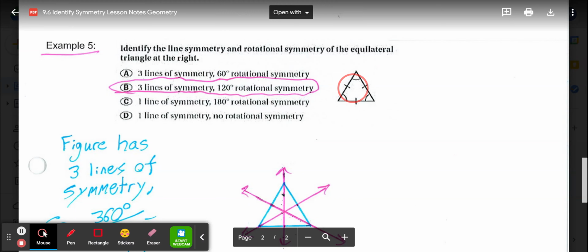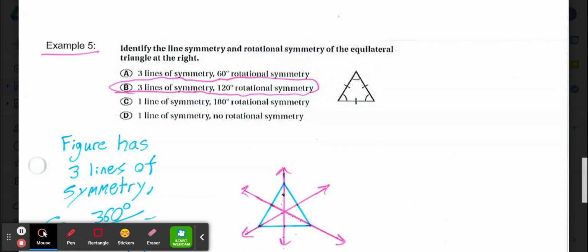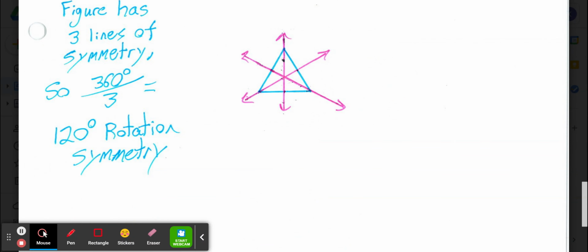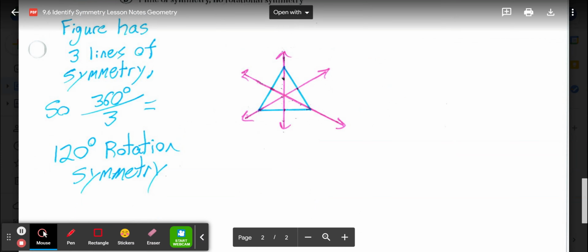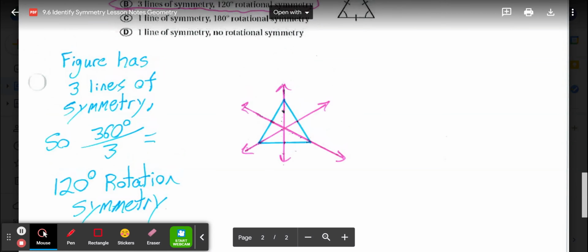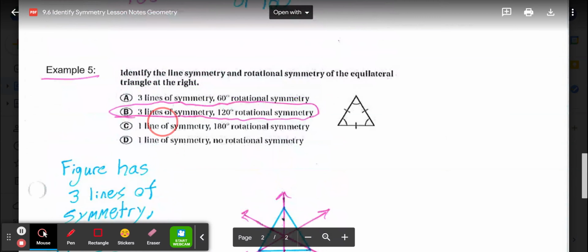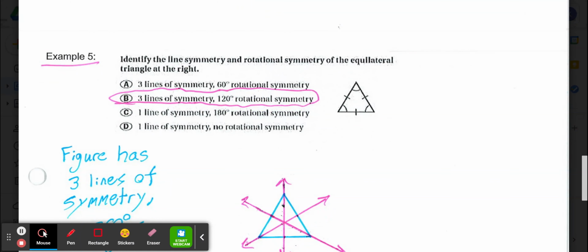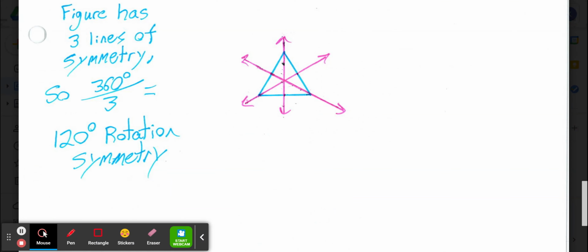If I think about this triangle, there are 3 different ways I could spin it for it to look exactly the same. A full rotation is 360 degrees, divided by the 3 different ways we could rotate it to make it look the same, meaning it has rotational symmetry of 120 degrees. So our answer would be B, 3 lines of symmetry, 120-degree rotational symmetry.